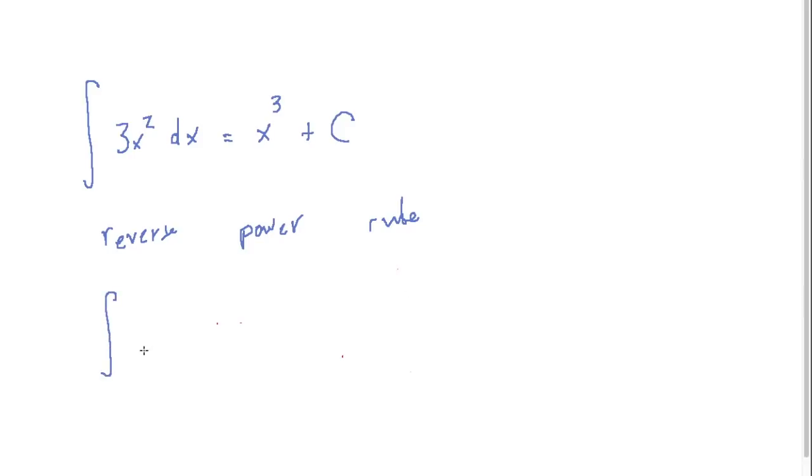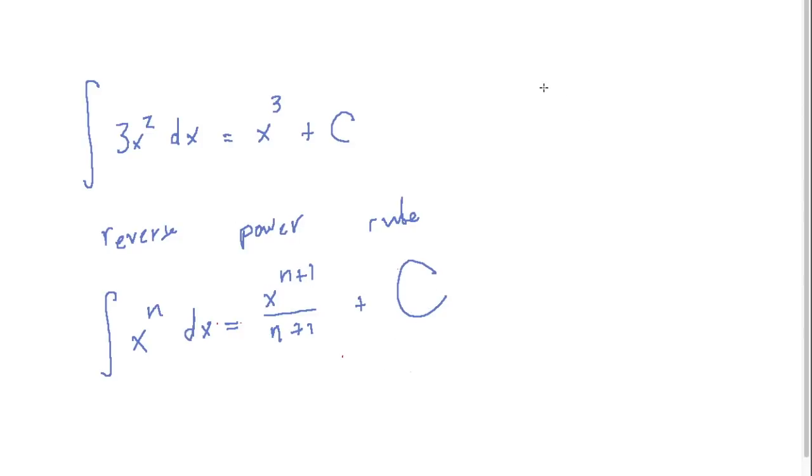If you want to find the antiderivative of x to the n power, where n is just some number, a whole number, integer, fraction, whatever it is, with respect to x, then the antiderivative is x to the n plus 1 over n plus 1 plus c. And I want to write this really big because, seriously, everyone's going to forget this plus c.